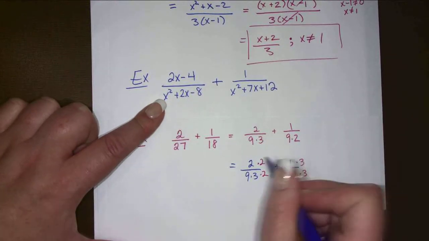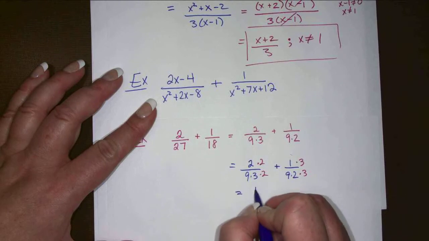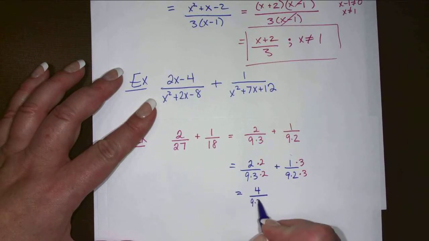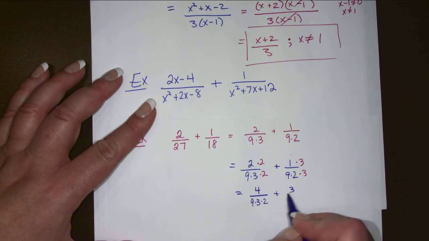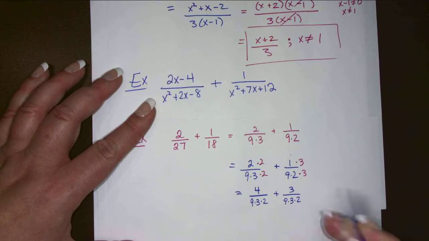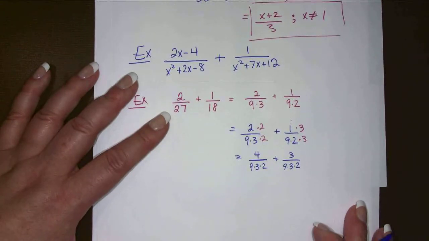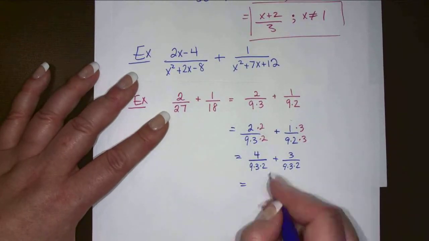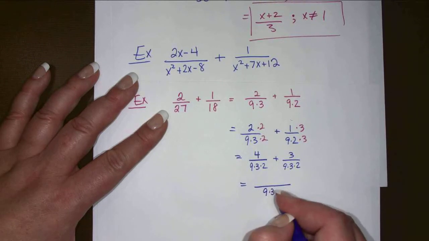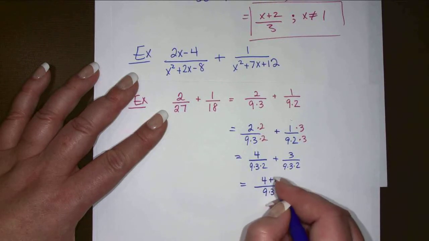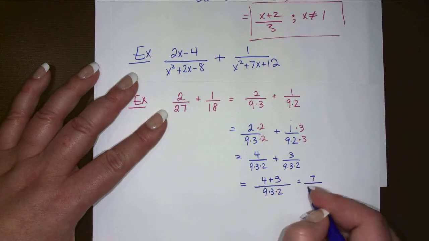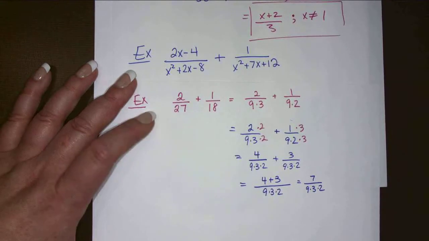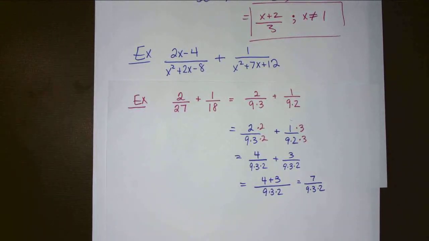Okay? So now what do we have here? 4 over, I don't even care, 9 times 3 times 2. I know what that works out to be, but I'm not going to write it, okay? I don't want to think that hard. This is one fraction, and what's on top? If I leave the bottom factored, I would see right now at this stage whether something cancels.